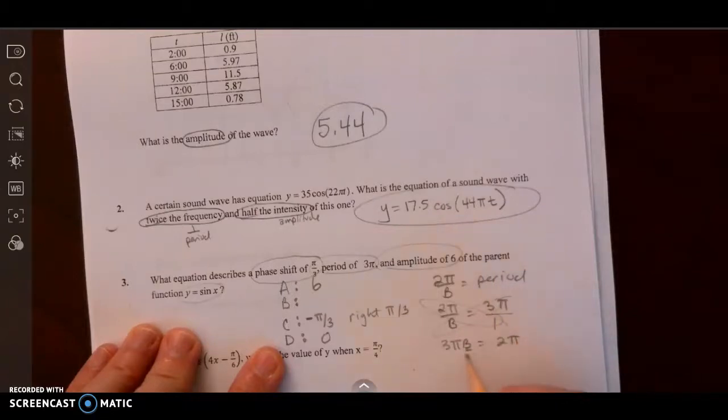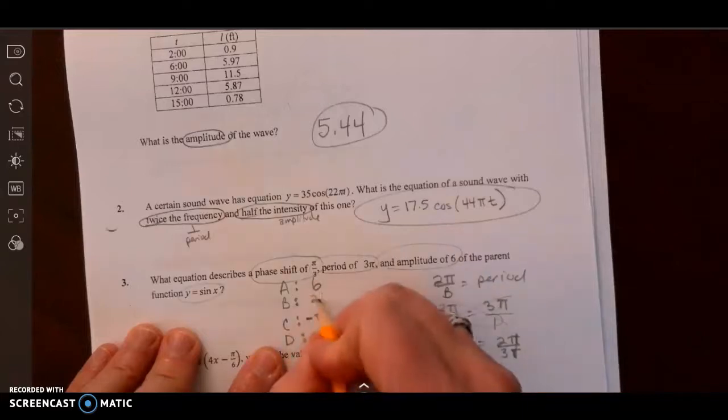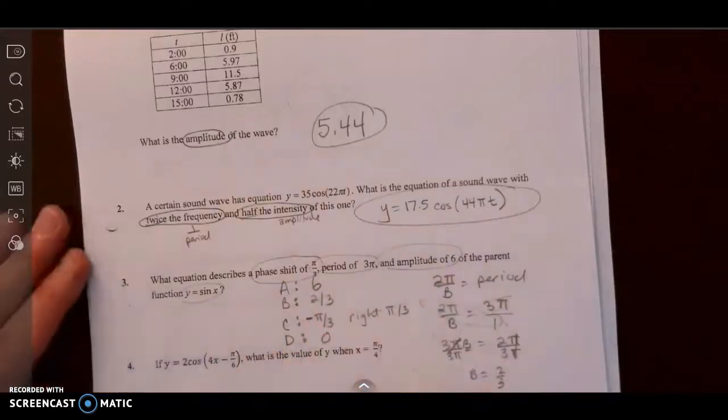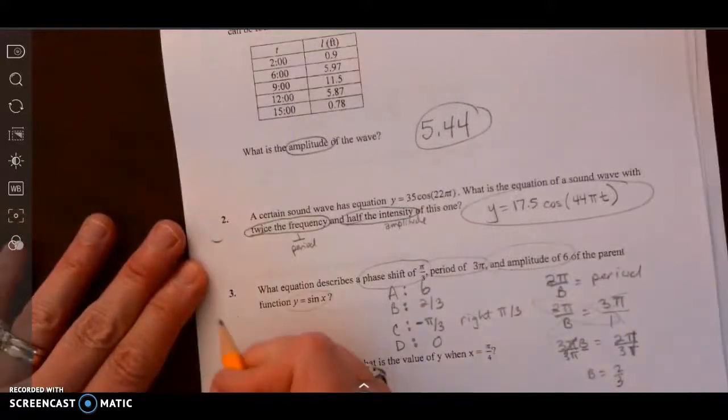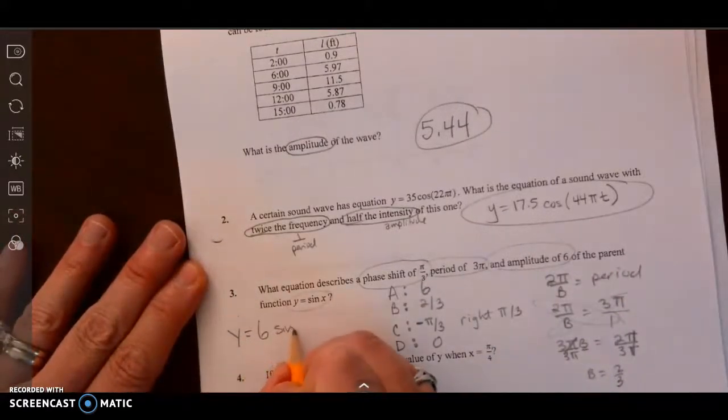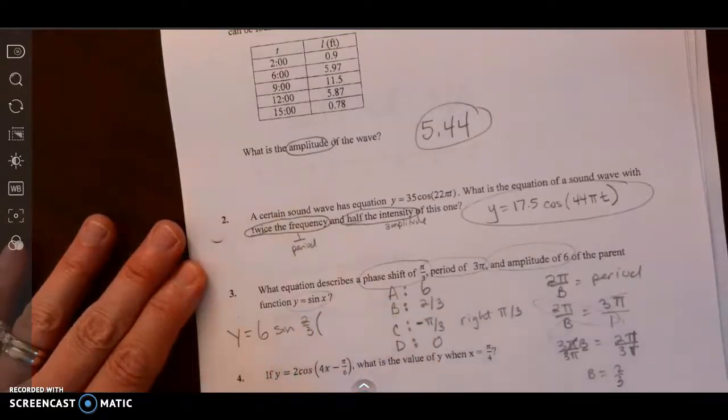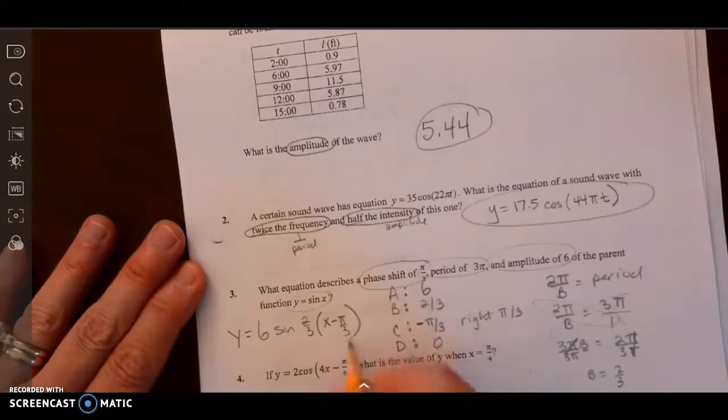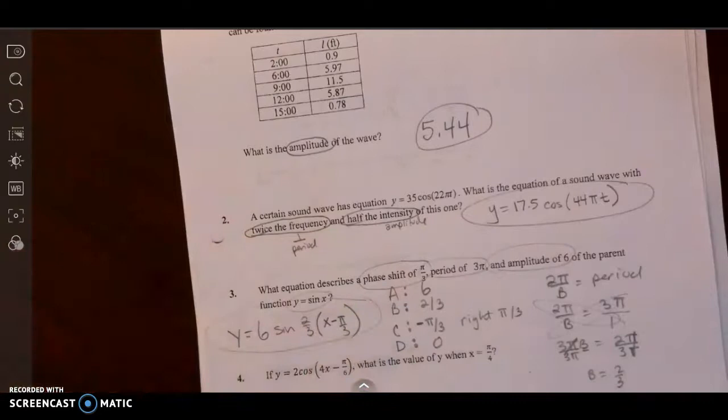I'm solving for b, so divide by 3 pi. b equals 2/3. It's a sine equation, so y equals 6 times the sine of 2/3 times x minus pi over 3. And that's it, because there is no d value.